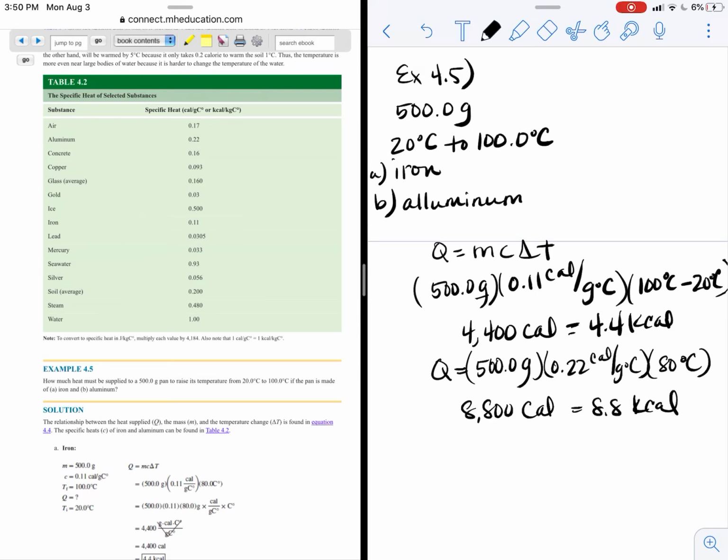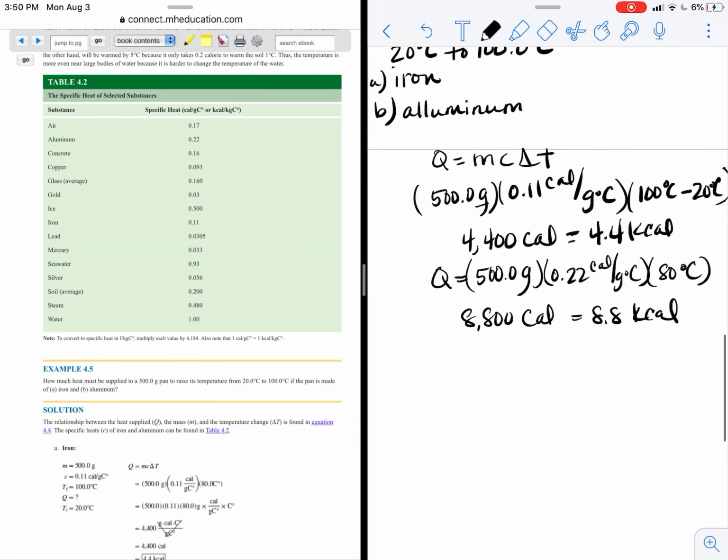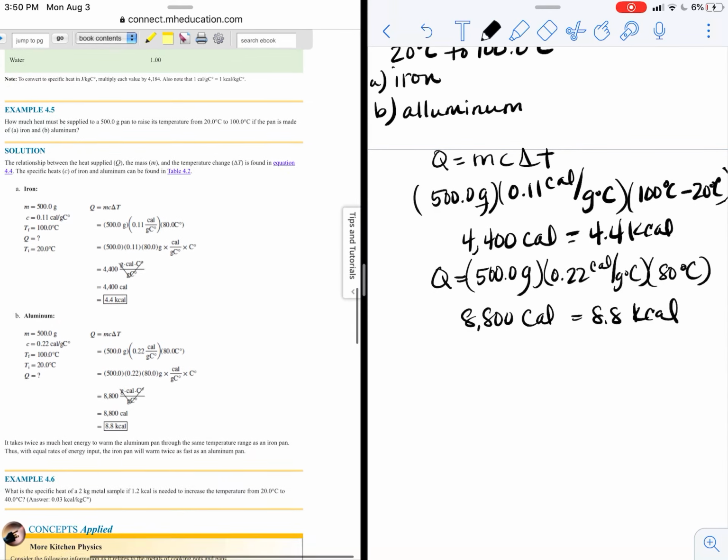And aluminum, it's just not as good a material. So it's going to require more heat in order to produce that change of temperature for that amount of substance. Okay, so that was example 4.5.